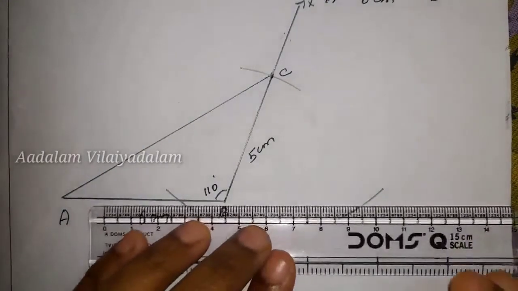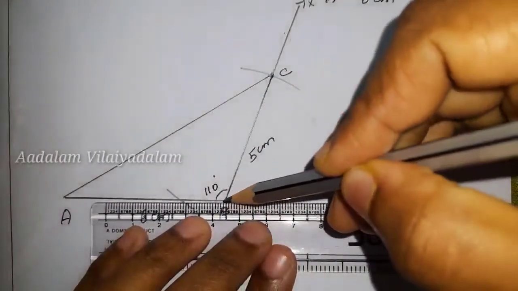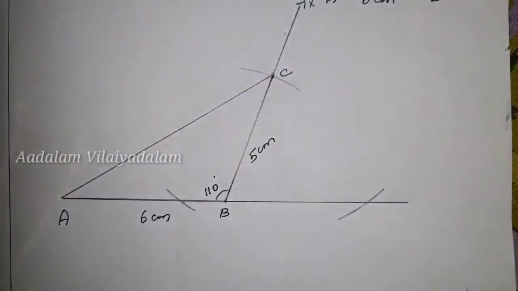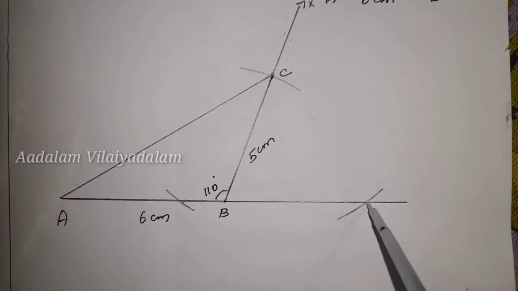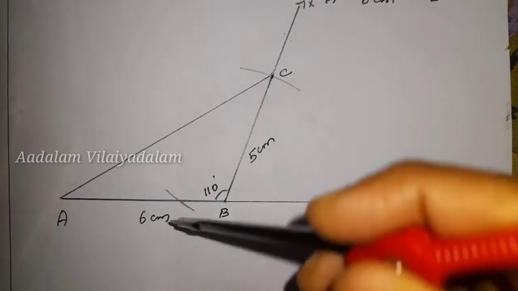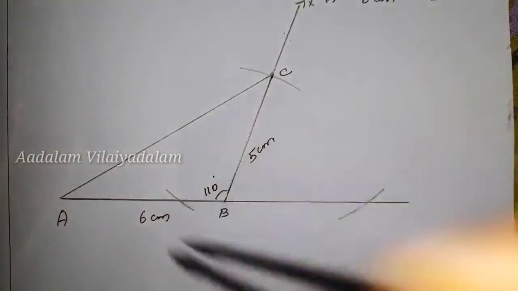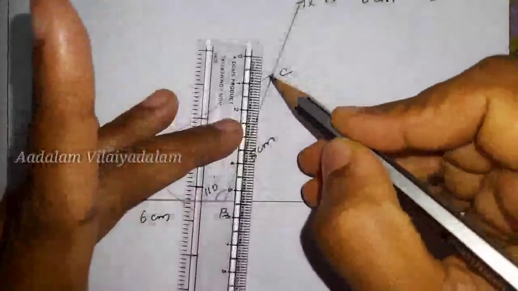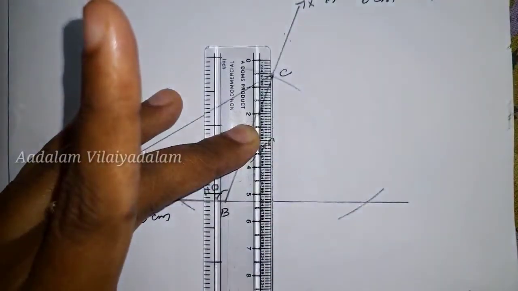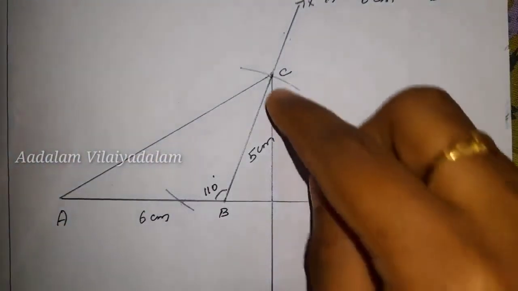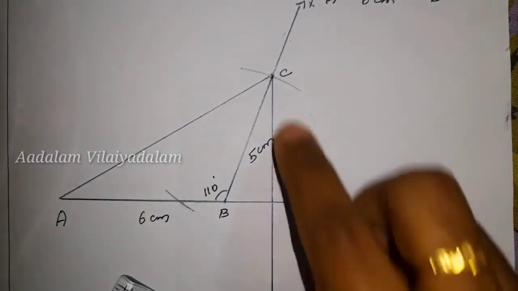Just extend the lines. Again with the same measurement, make the arc here and here also. Now join the vertex C and the arcs. So this is the altitude of the vertex C.